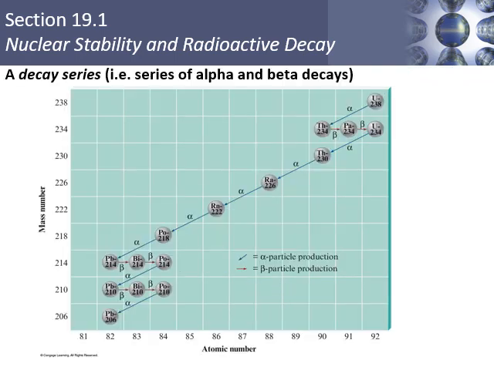Next slide. And this one, don't spend a lot of time on. You might see a problem where they ask how you get from U-238 to something like radon-222. I have seen that, but it's kind of straightforward.